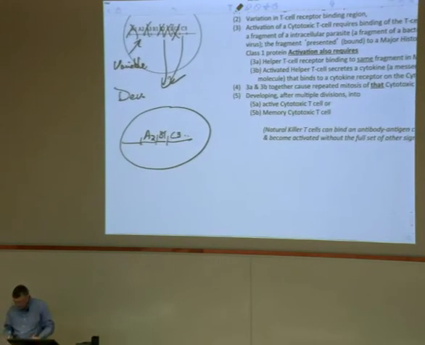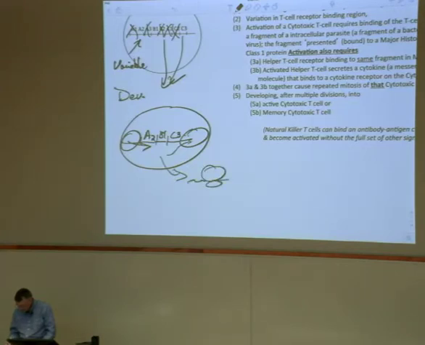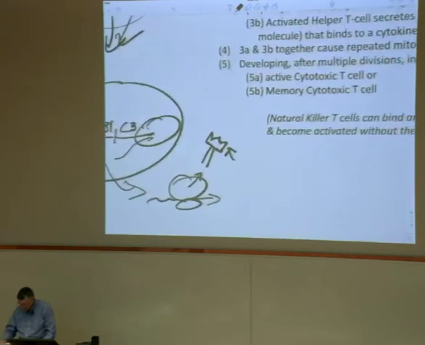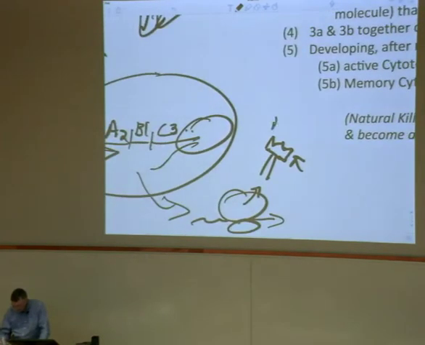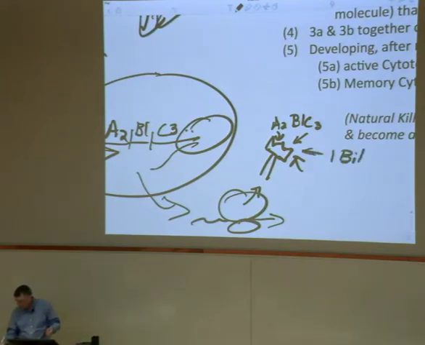So then RNA polymerase moves along this. You get messenger RNA, which goes through a ribosome, and you get a receptor that has a variable binding region. So this would be A2, B1, C3 in that region. Does that make sense? If you had 1 billion cells, in principle, you could have 1 billion shapes.